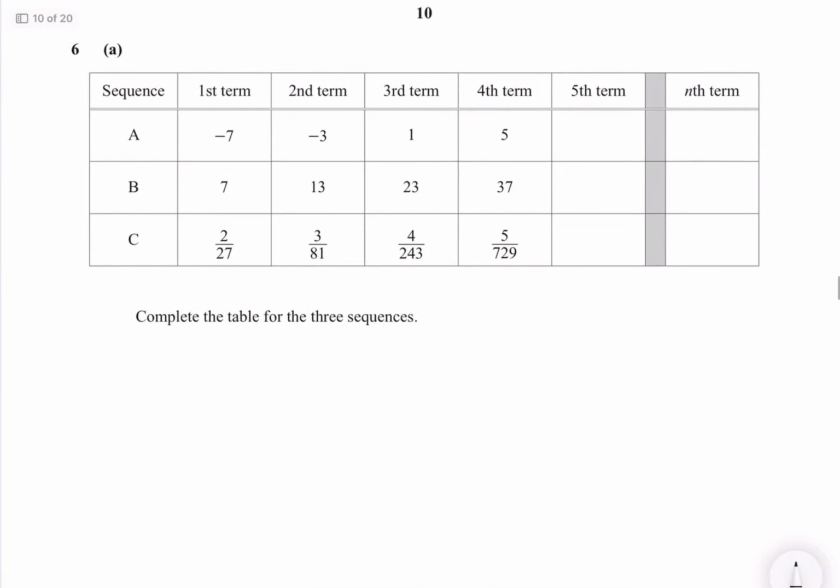Question number 6 is a sequence question. Complete the table for the three sequences. So sequence A: minus 3 minus minus 7 is 4, 1 minus minus 3 is 4, 5 minus 1 is 4. So this is a linear sequence.